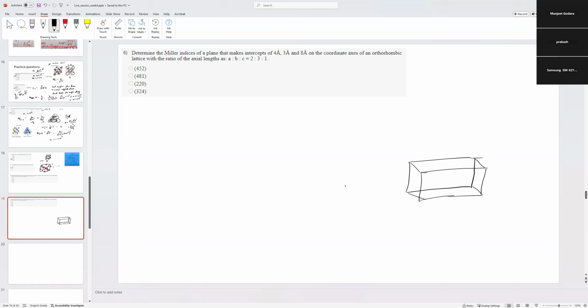This length is 1, this is 2, and this length is 3. This is a, this is b, and this is c.